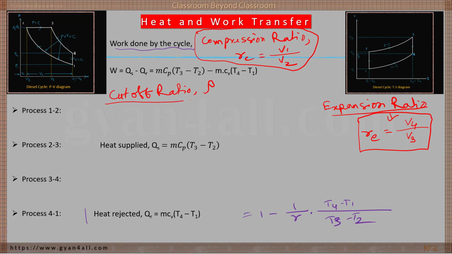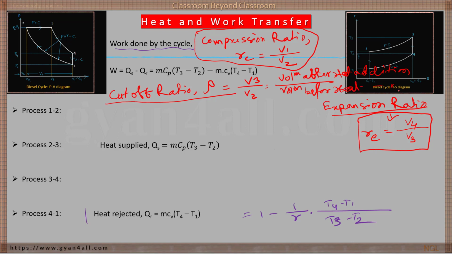The symbol rho is generally used to represent the cut off ratio. So the cut off ratio rho is equal to, from this diagram, V3 divided by V2. That means the volume after heat addition divided by the volume before heat addition.